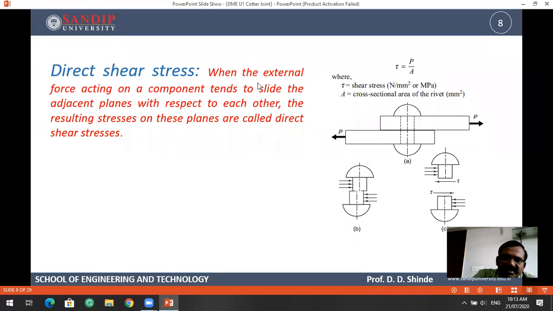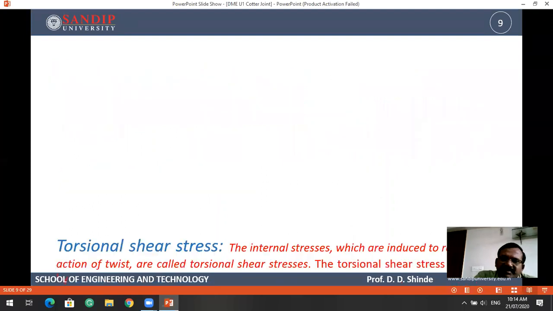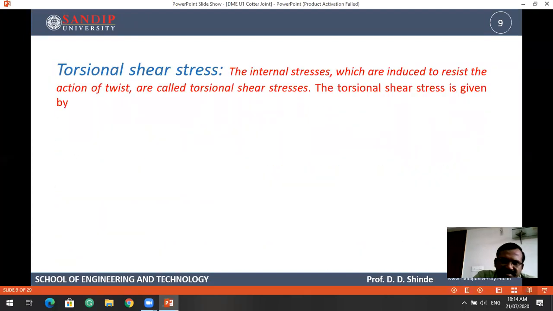So the shear stress is denoted by tau, and the formula is the same, P by A. Tau is the shear stress given in Newton per millimeter square or MPa, P is the force in newtons, and A is the cross-sectional area of the rivet in millimeter square. So tau is the shear stress. Direct shear stress can be single shear or double shear depending on the joints.